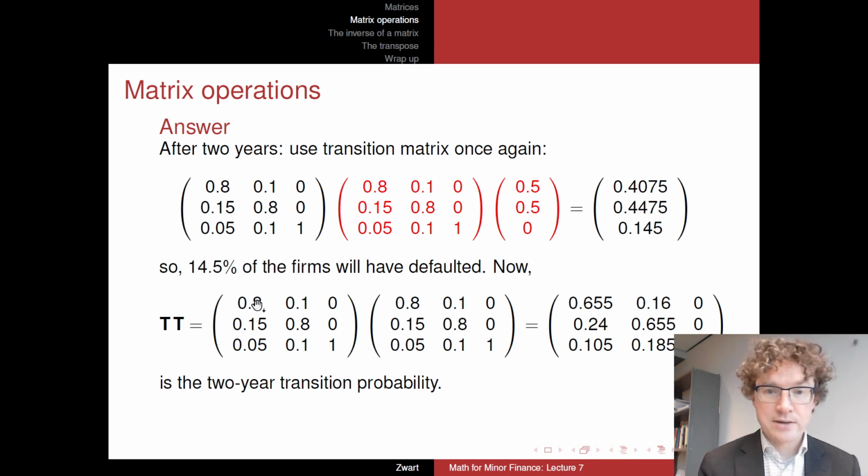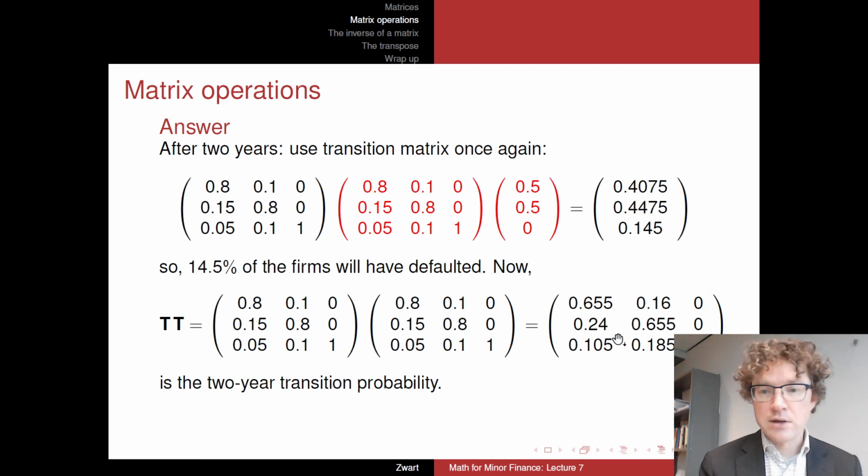That's the 0.8 times the 0.8. Or I move down to B in the first year, which happens with 0.15, but the next year I move up again, which happens with 0.1, back to A. So then I will also end up again in A. So this number exactly captures all the ways a firm might end up in A after starting in A. And the same goes for all these other numbers here.